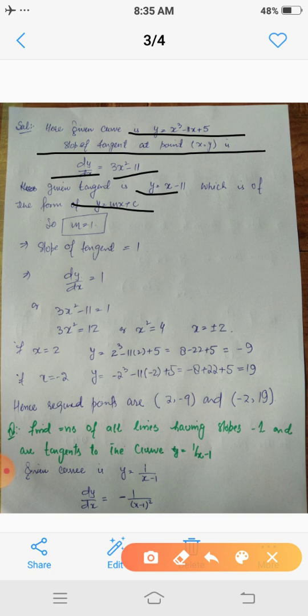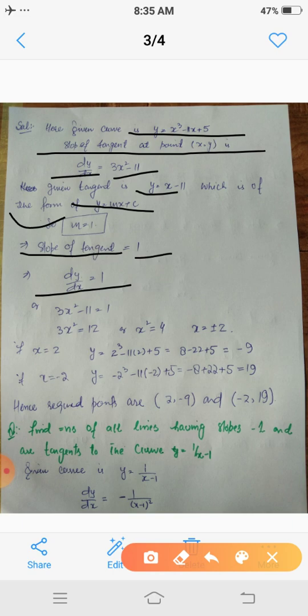When we compare, m equals 1. So the slope of the tangent is 1. Hence dy by dx is 1, because the slope of the tangent is given by dy by dx.